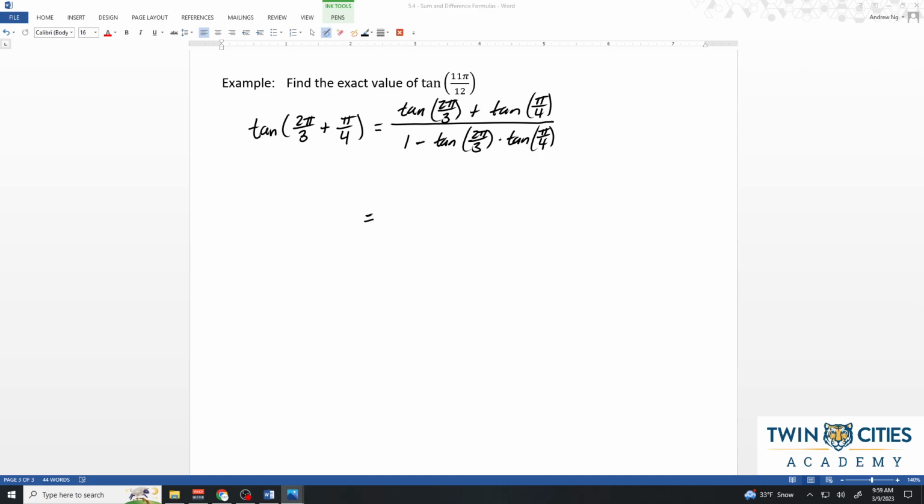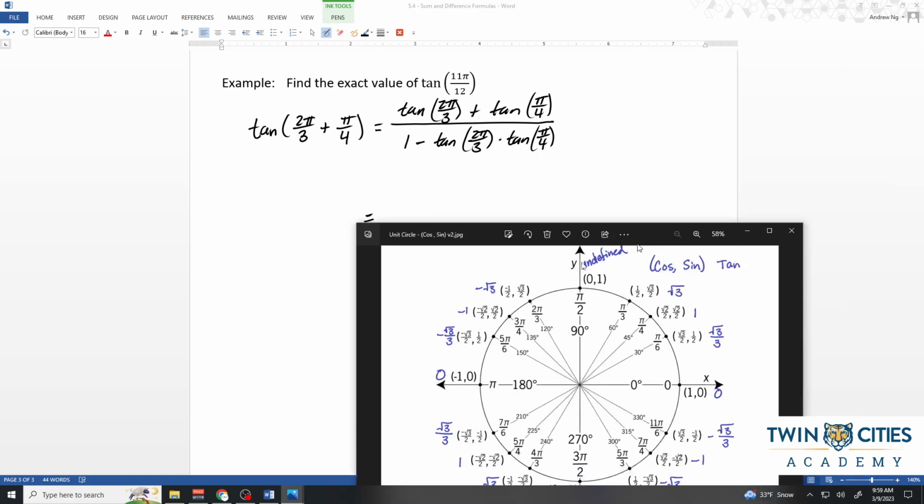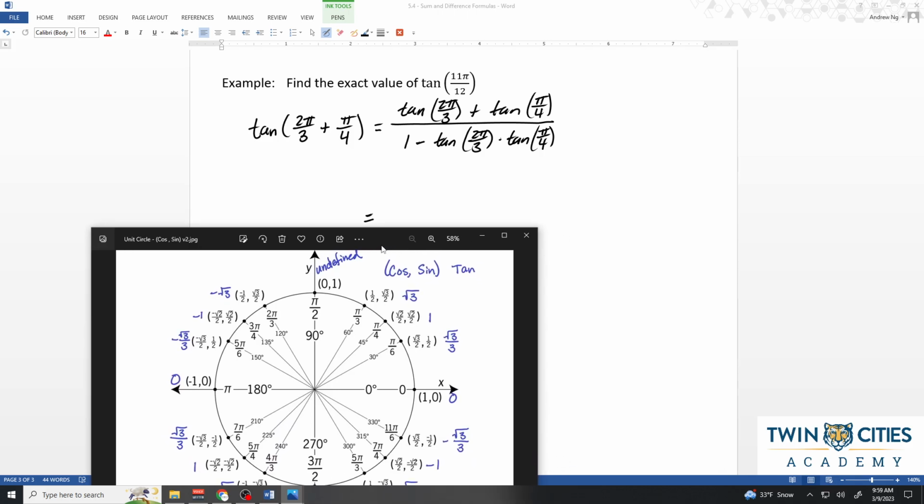Okay, let's bring my unit circle over. Tangent of 2 pi over 3 is negative square root of 3, and the tangent of pi over 4 is 1. So every time I see tangent of 2 pi over 3, I'll replace that with negative square root of 3. Every time I see tangent of pi over 4, I replace that with 1.